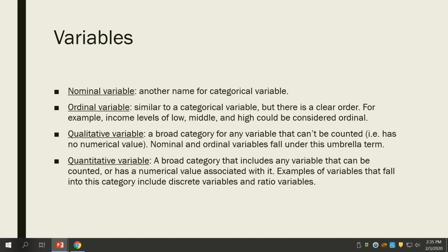However, the numbers really don't have any meaning, outside of order, hierarchy for the ordinal variable. Quantitative variable. Now these numbers are starting to have more meaning. There's going to be interval and ratio variables that I'm going to show you on this next slide.